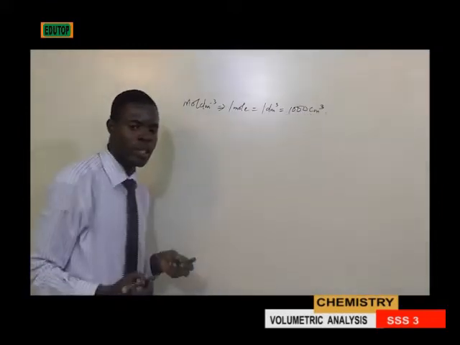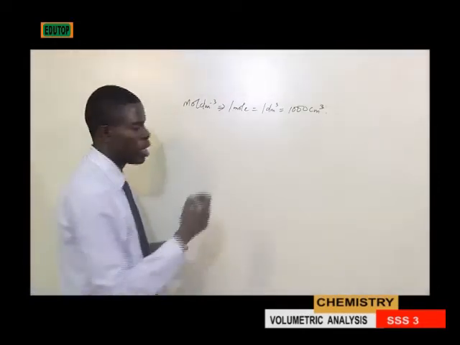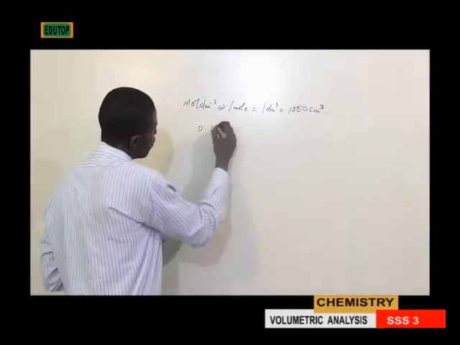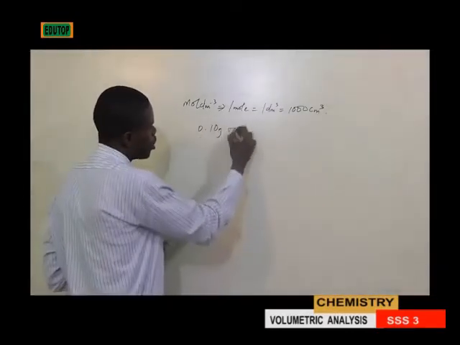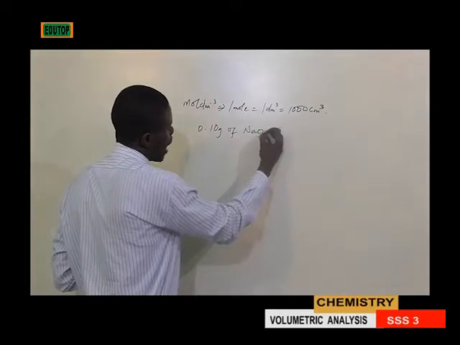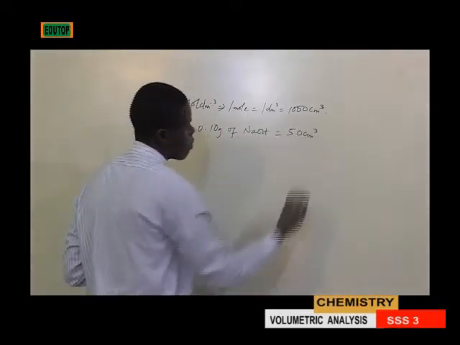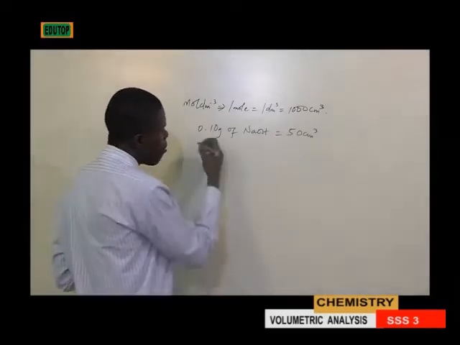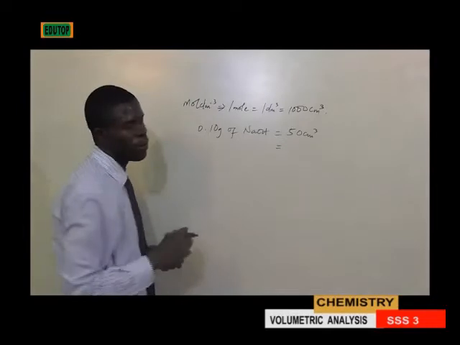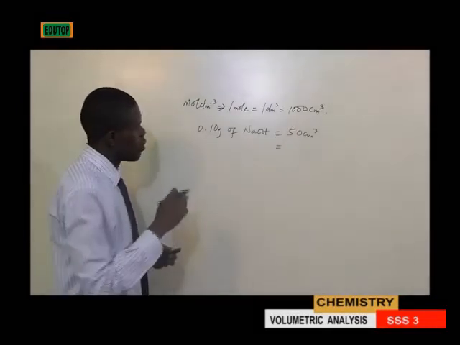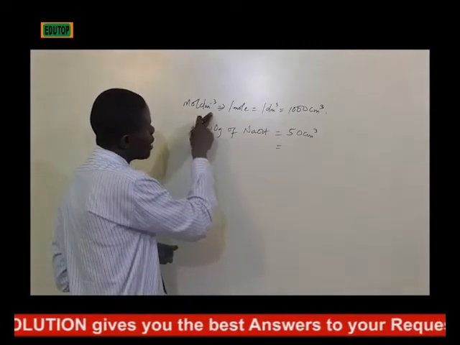This is the standard unit. In question 2, 0.10 gram of sodium hydroxide is dissolved in 50 cm cube. How many moles of these will you have in mole per dm cube?